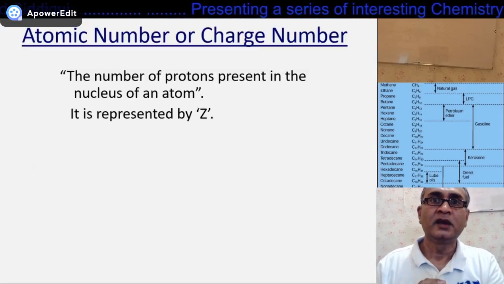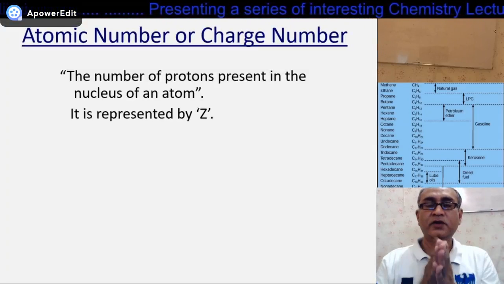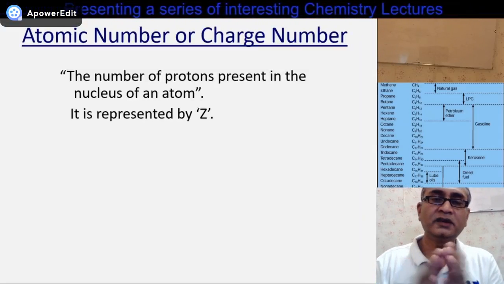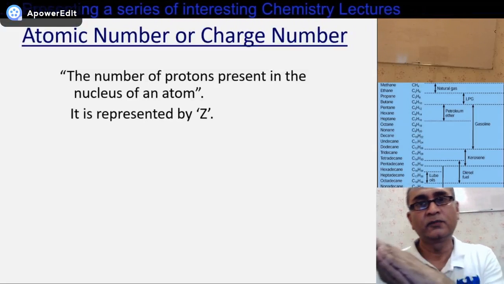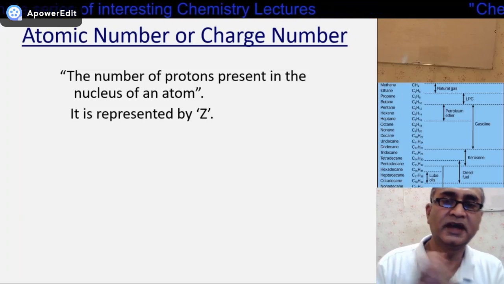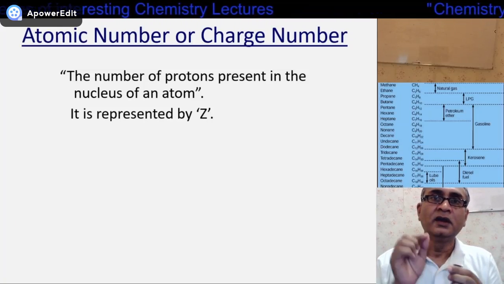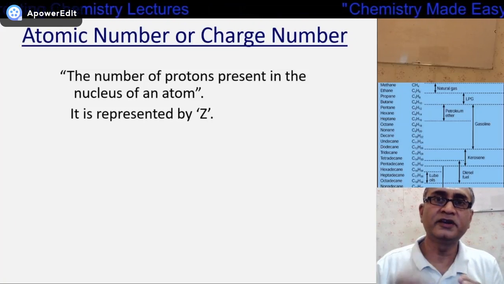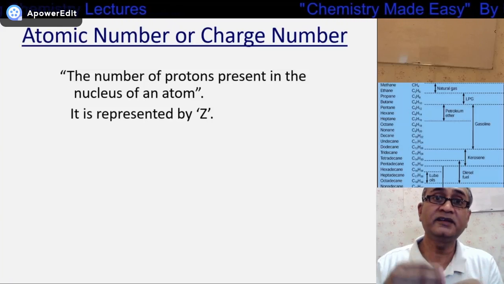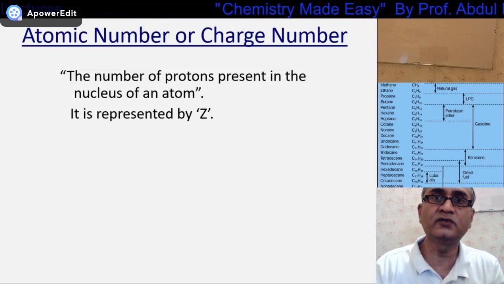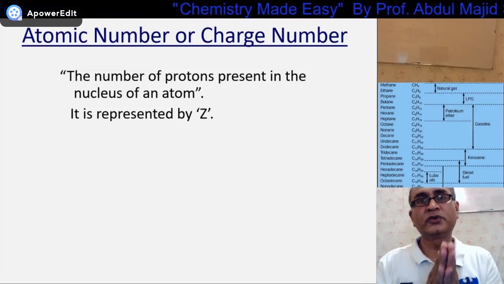Protons, neutrons, and electrons are the particles of an atom. Now, if an atom has only one proton in its nucleus, then it has different properties compared to one which has two protons in its nucleus.